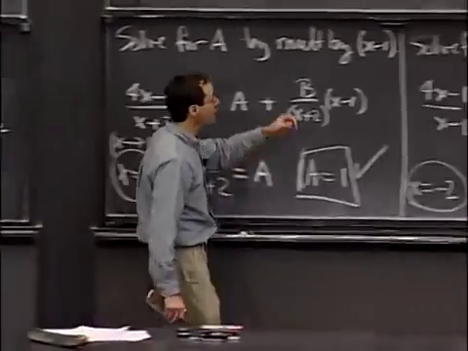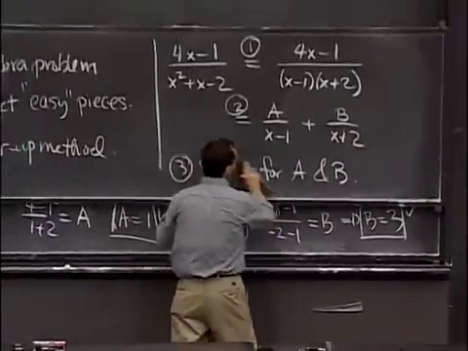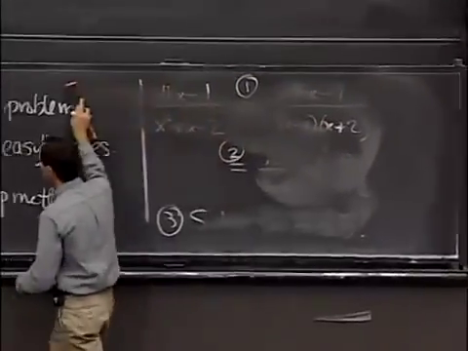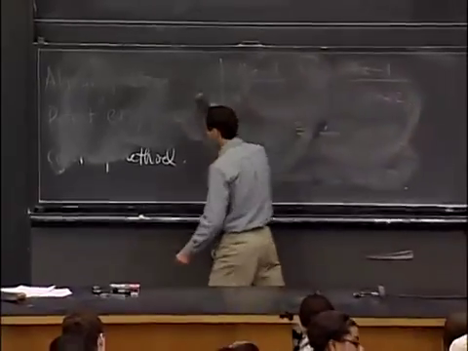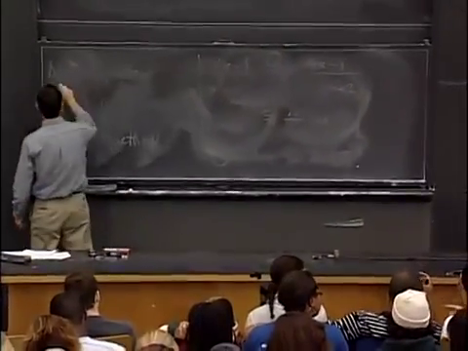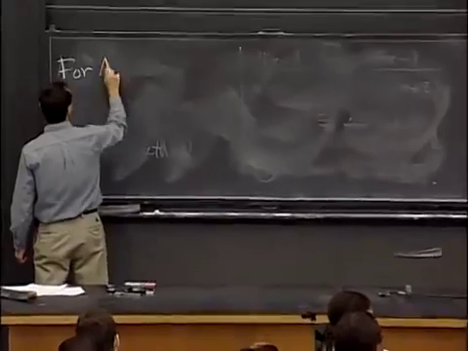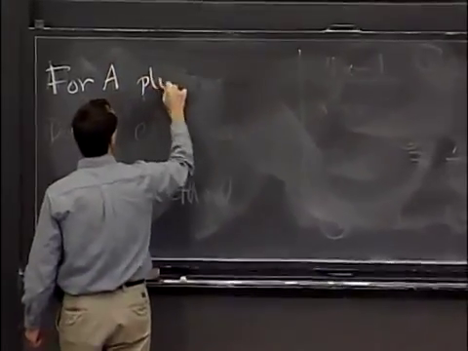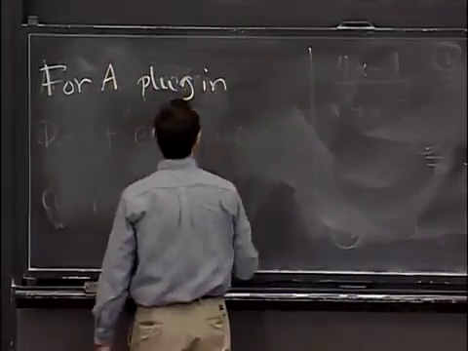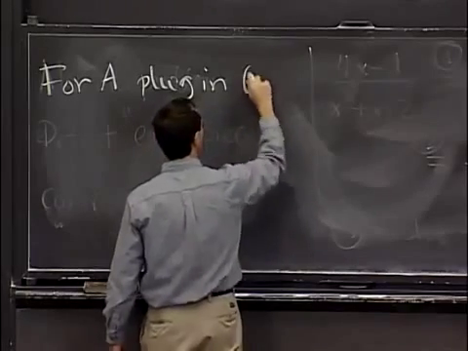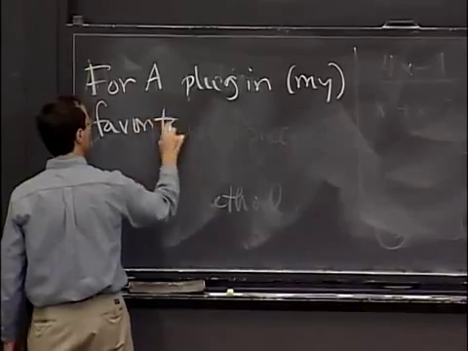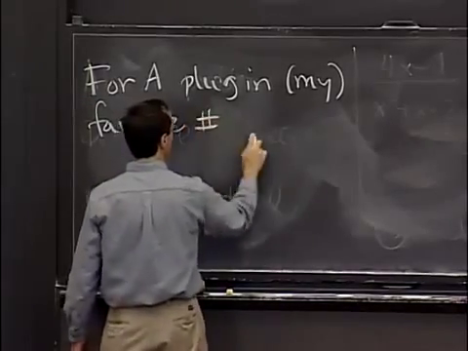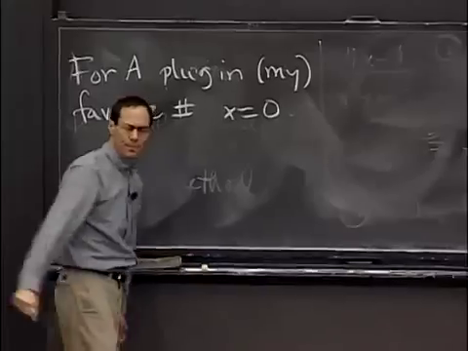Now, for the last term, for a, I'm going to just have to be straightforward about it. So I'll just suggest for a, plug in your favorite number. So plug in my favorite number, which is x equals 0.